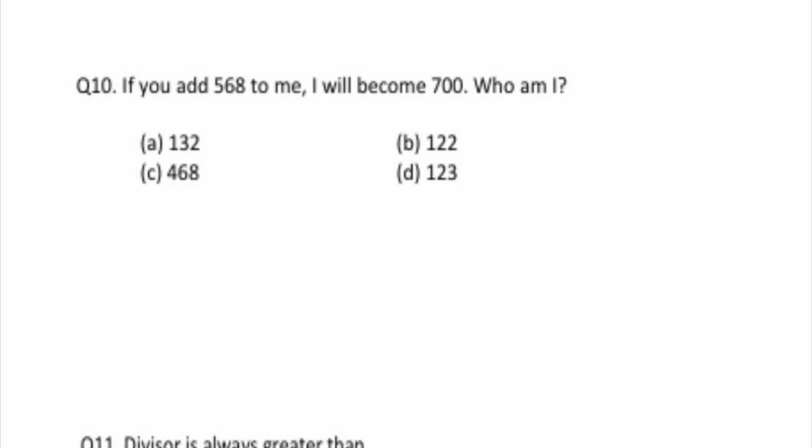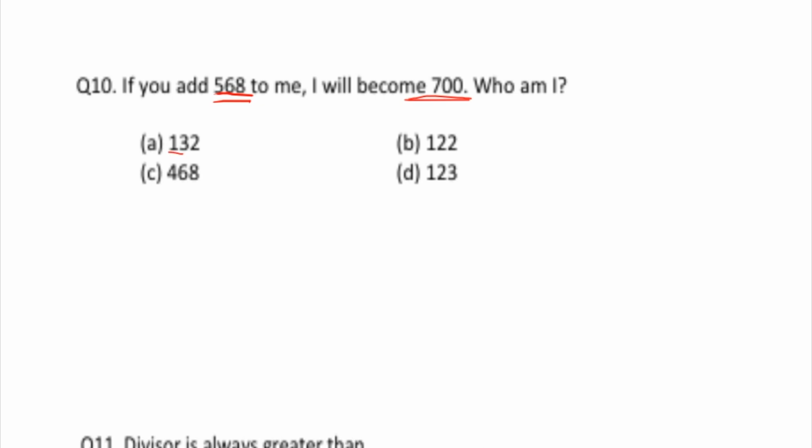Question number 10 says that if you add 568 to me, I will become 700. Who am I? This type of question, which says add 568 to me and I become 700, we'll try to solve from the options.